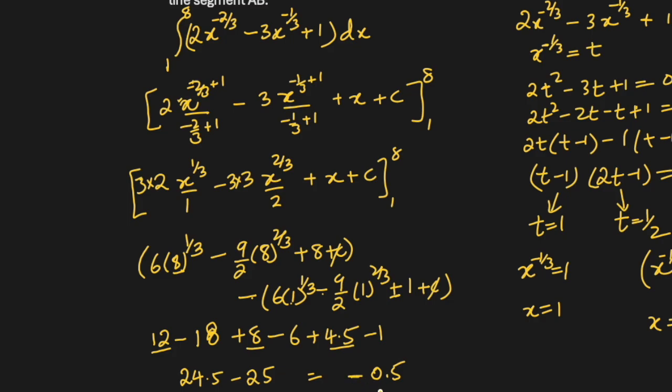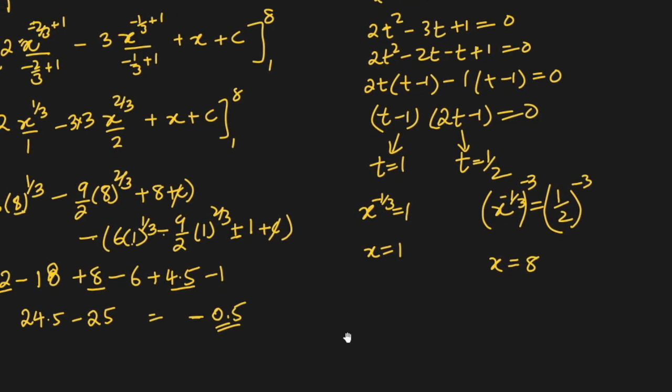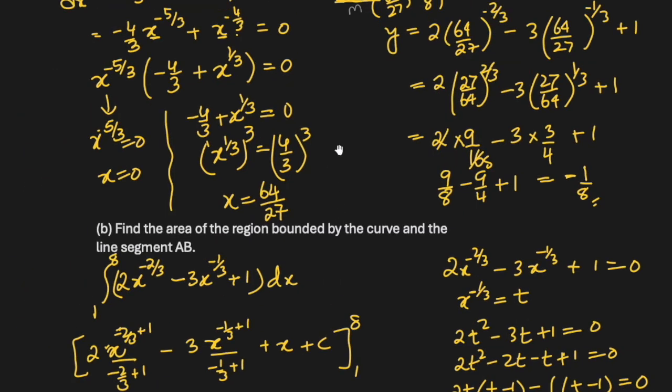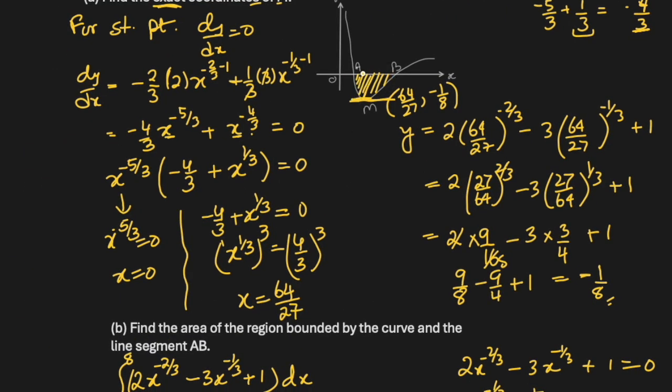Obviously it came out to be negative as we expected, so we can say that the area of the region is 0.5, not negative anymore, because it is below the x-axis, that's why it was negative, and we have taken the absolute value. That is the area, 0.5 units square.